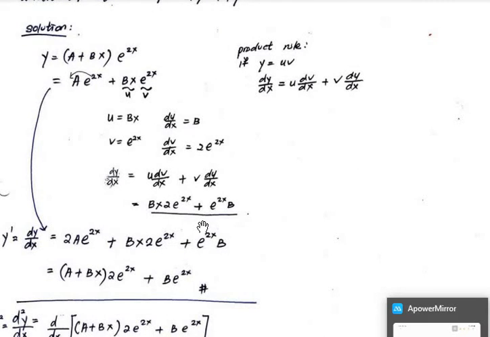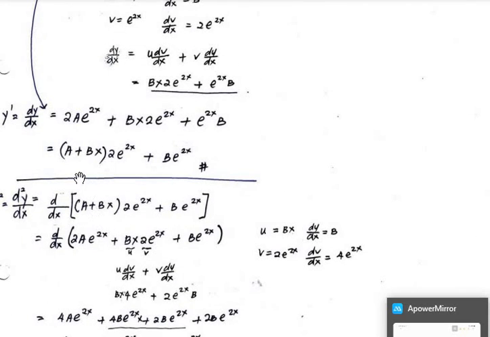Now you need to differentiate again to get the second order. Just now, this dy over dx was just for this part, so you need to substitute in. So this is the first order, y prime is 2a e^(2x) plus this one. So this is the whole thing for the first order.